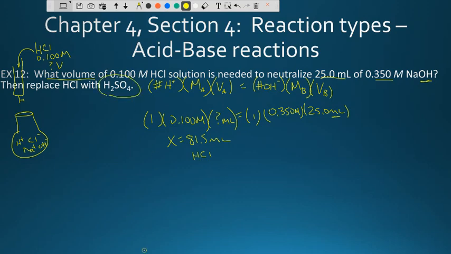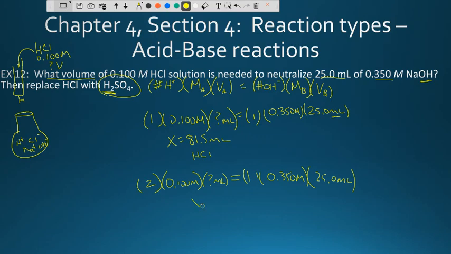Now let's replace it with sulfuric acid instead. We're going to say the same strength, so this side stays the same: one hydroxide of 0.350 molar, and it is 25 milliliters. On this side, I'm still solving for my milliliters. It is still going to be 0.100 molar. But this time, since it's sulfuric acid, I have two hydrogens to play with.